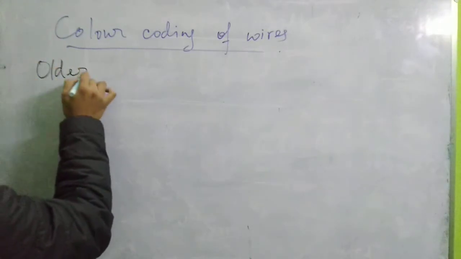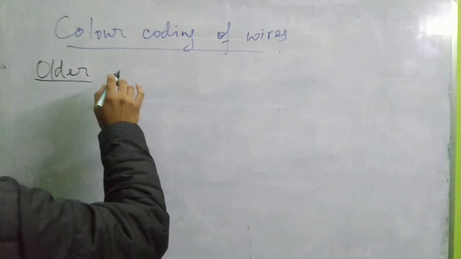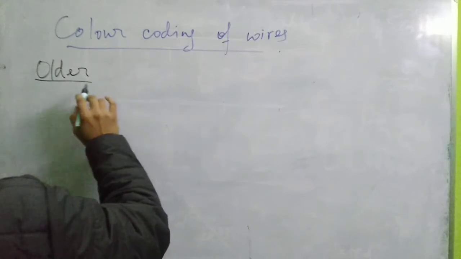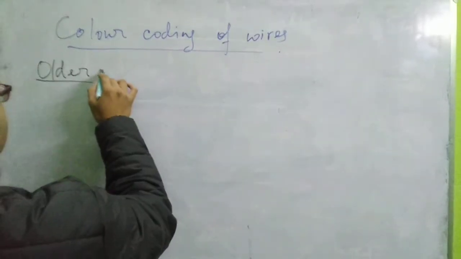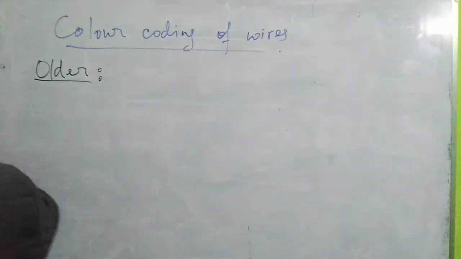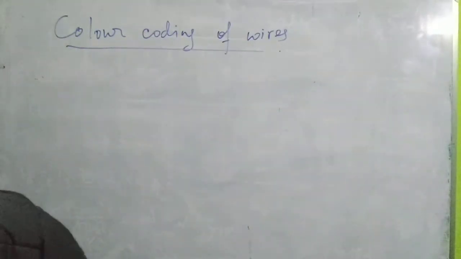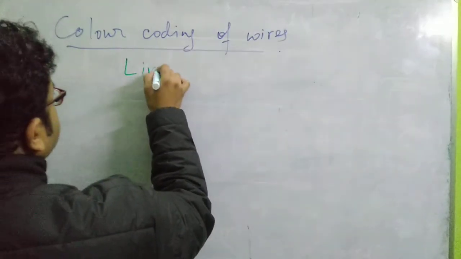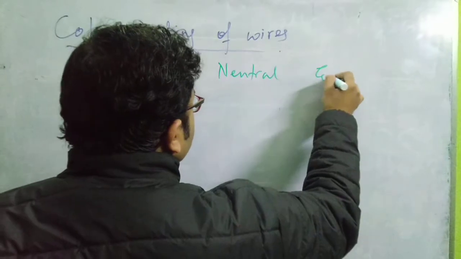So according to the color conventions, if I consider the older convention, there are three wires: the live wire, the neutral wire, and the earth wire.